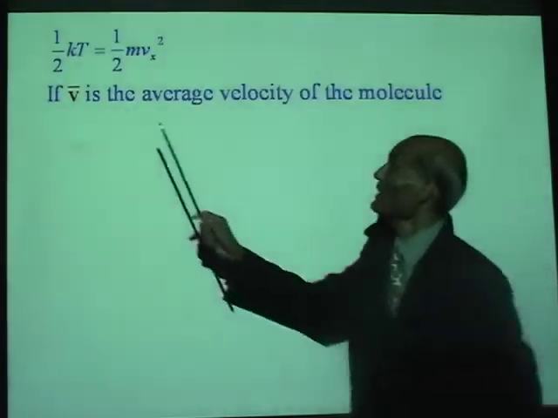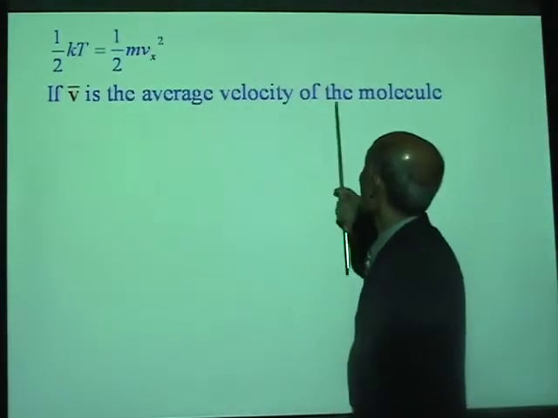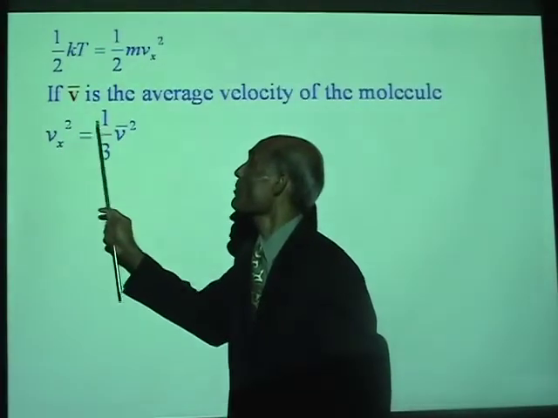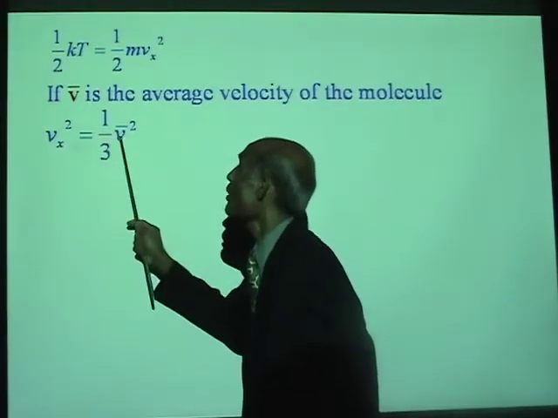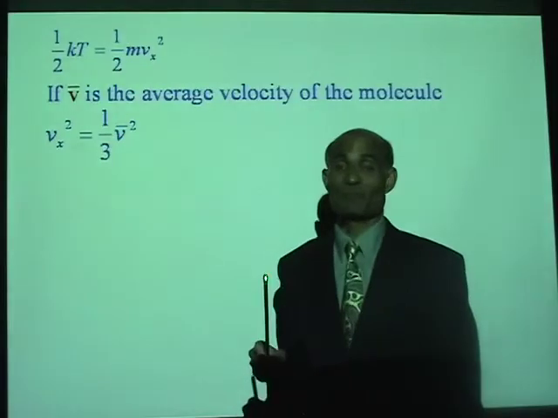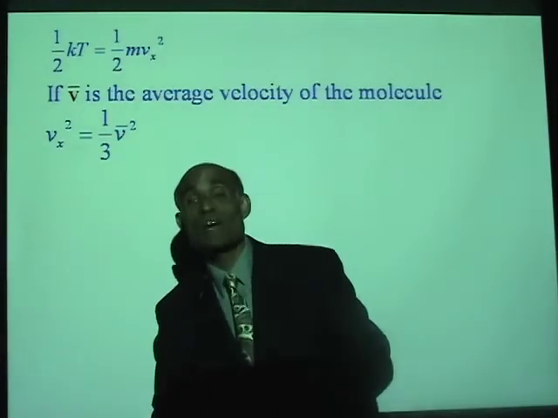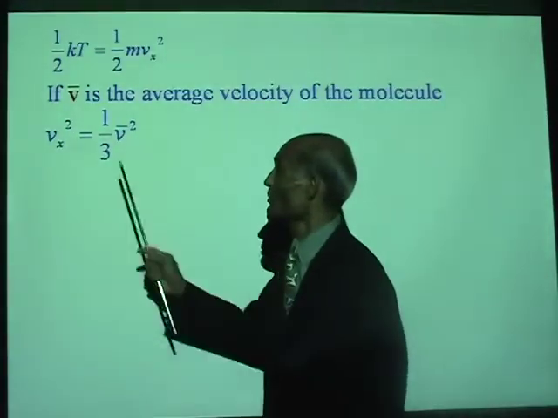Now, how do I write it? If v bar is the average velocity of the molecule, then I'll say Vx squared is 1/3 of v bar squared. Why? Because a molecule is likely to travel in all three directions.